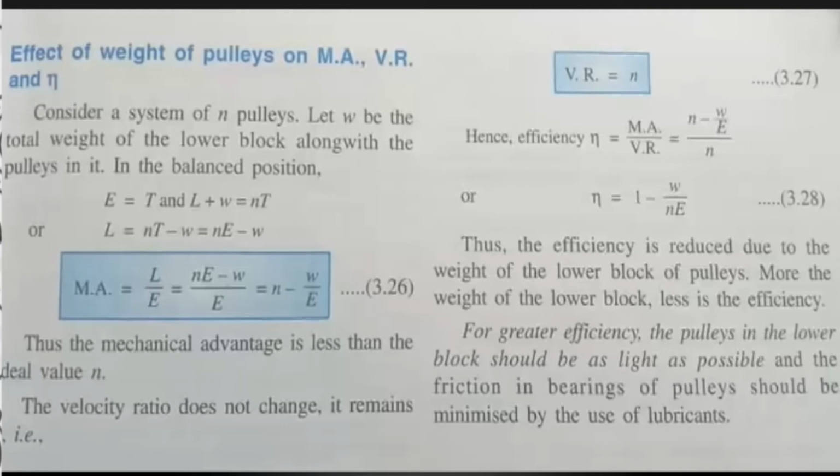Now, I told you initially we are neglecting the friction between the pulley and the string, the weight of the pulley and the weight of the string. Now, what will happen if we consider the weight of the pulley?